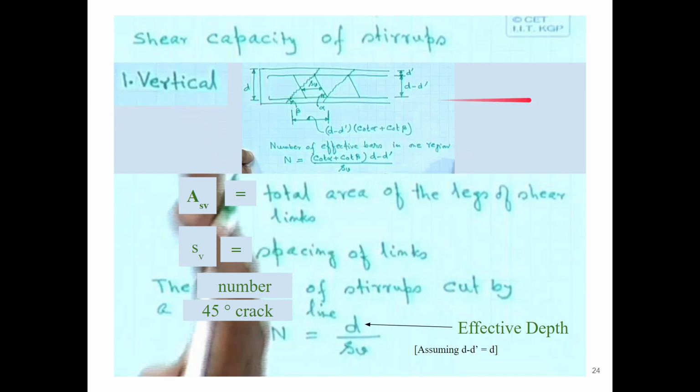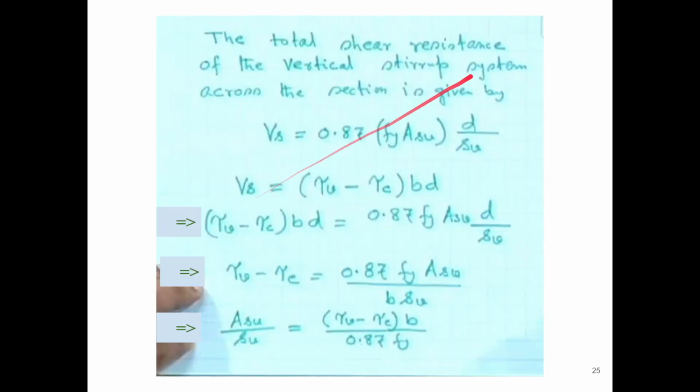I hope you have understood this derivation and explanation. Now this will be used in the design. The total shear resistance of the vertical stirrups across the section will be given by Vs, which is equal to 0.87 fy Asv. The 0.87 is the partial safety factor.